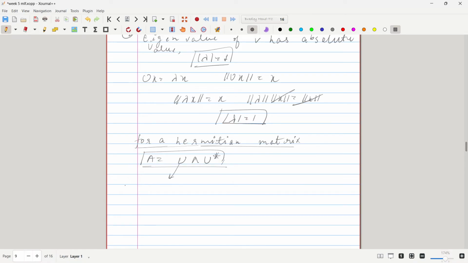Here U will be your unitary matrix, D will be a diagonal matrix with the eigenvalues, and this will be the conjugate transpose.